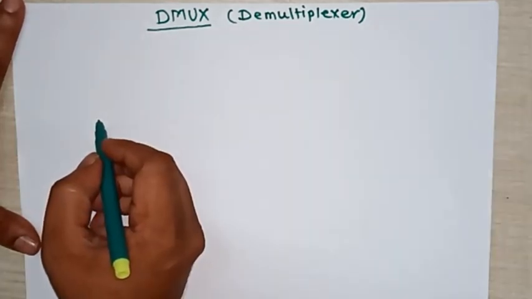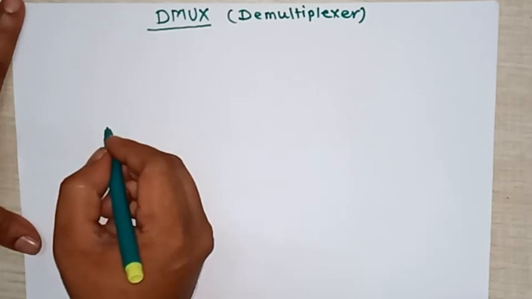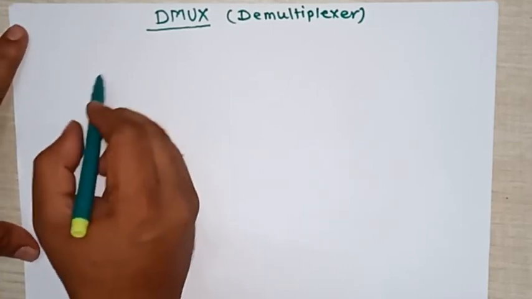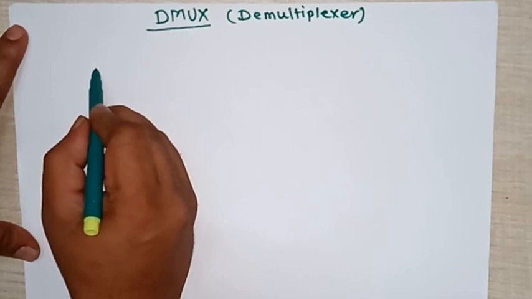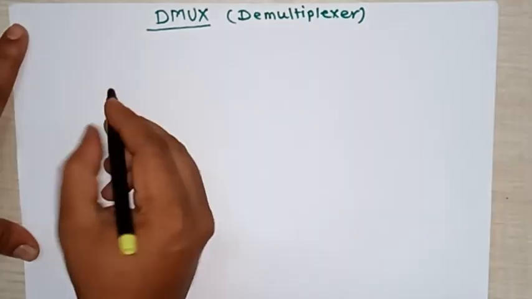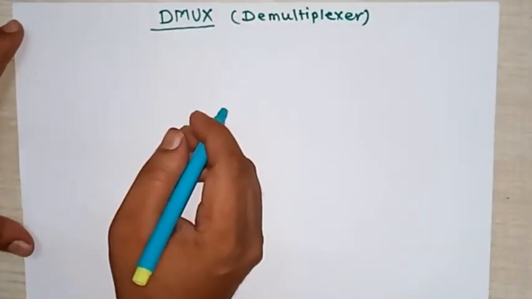Now in the case of multiplexer, we have seen that the multiplexer consists of n number of inputs and a single output only. So for this demultiplexer, we have a single input and many outputs. Here I will draw the block diagram of demux.